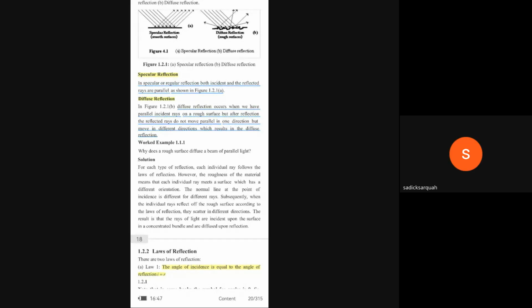Sadiq, both of them obey the rules, but the fact is, with the regular one, where your image appears, the law is talking about how the incident and the reflected rays act.